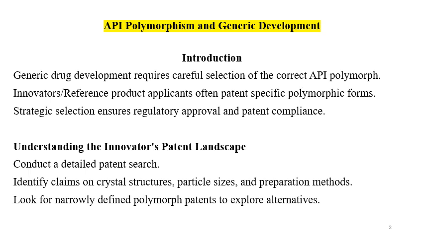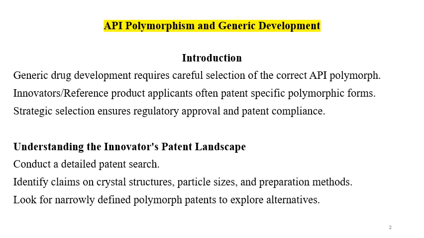Then patent issues might be there for the polymorphism. If the innovator claims some specific polymorphs, then the generic applicant should not use those polymorphs to make a non-infringing product. So strategic selection of the polymorphs ensures regulatory approval and patent compliance.